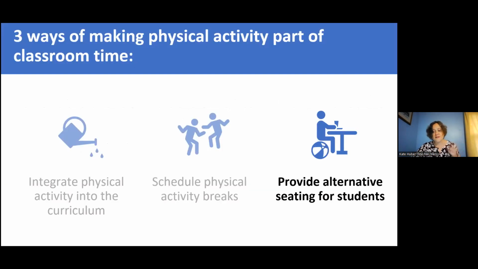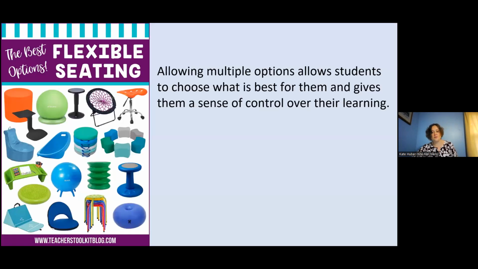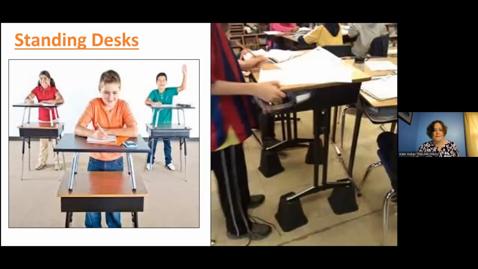And then alternative seating is another great way to get students moving throughout the day. Having multiple options gives students choice. When students have choice, they are more likely to be engaged, and it gives them that sense of control. So you can see lots of different options here.